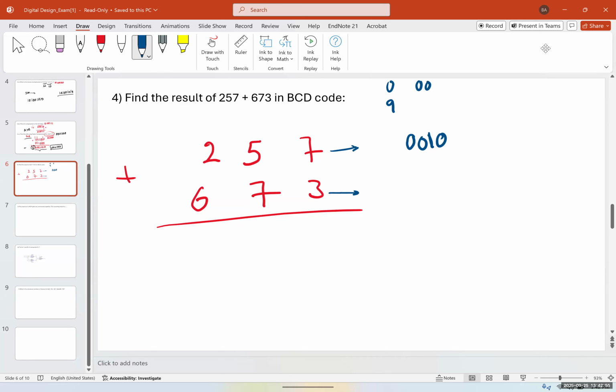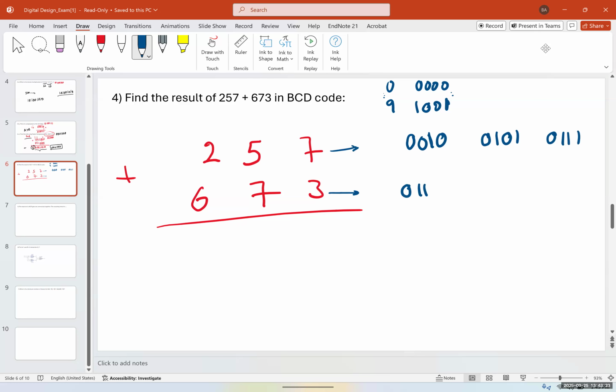It starts with 0000 and ends with 1001. Okay, so 2 is 0010 and 5 is equal to 0101 and 7 is equal to 0111.